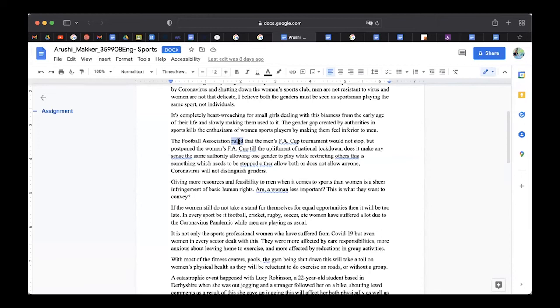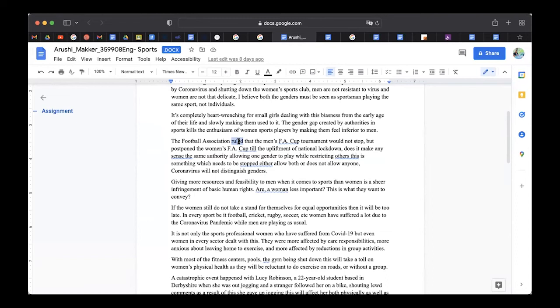Does it make any sense if the same authority allows one gender's tournament to occur while restricting the other gender? Restricting others, no, because there are only two. So, while restricting one and then the other, it's something which needs to be stopped.